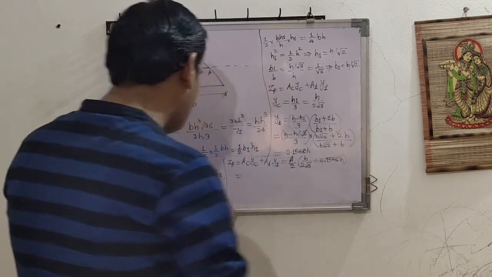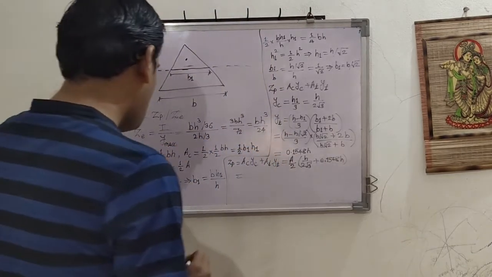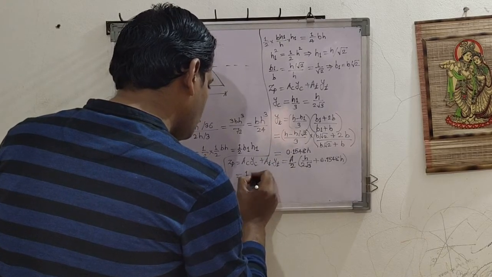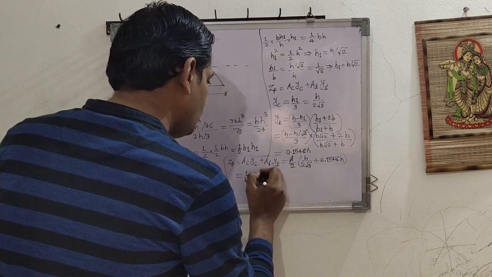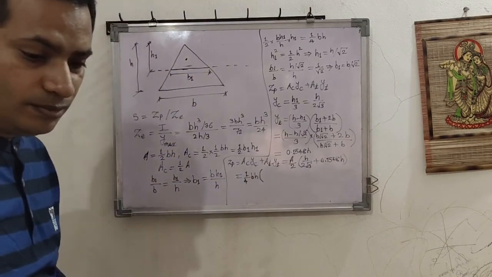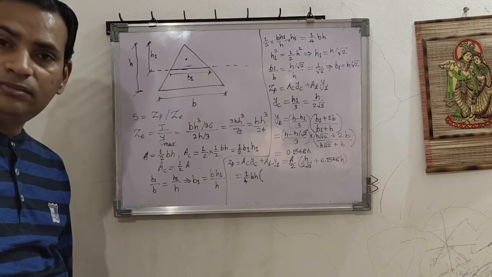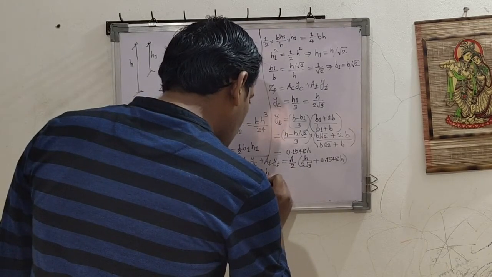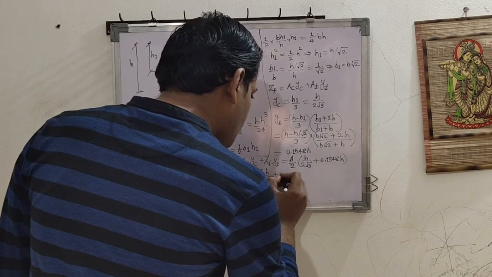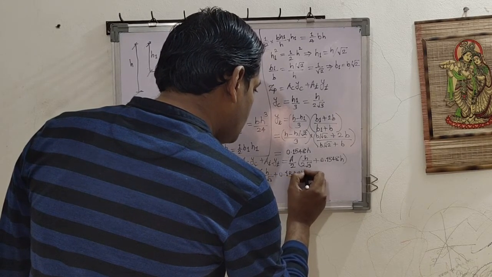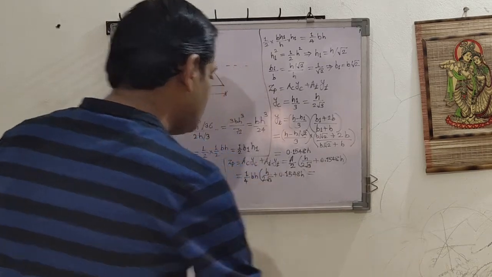So what is A by 2 now? A is half base into height, upon 2. So this is 1 by 4 BH into this value. How much is this value? You find out. h upon 2 root 3 plus 0.1548 h. Now you simplify this.